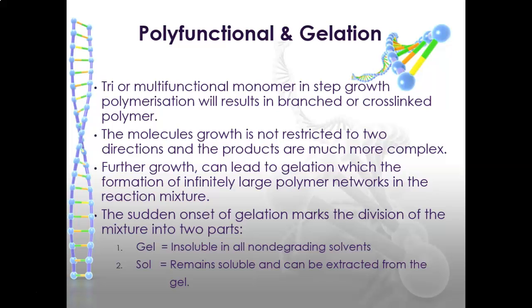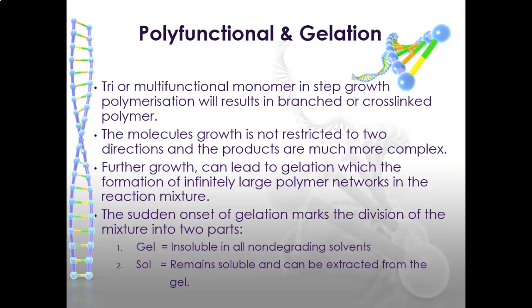Further growth can lead to gelation, which is the formation of an infinitely large molecule network in the reaction mixture. For example, if you have a monomer A-dash with BB, you will produce a polymer with a cross-linked or branched structure.